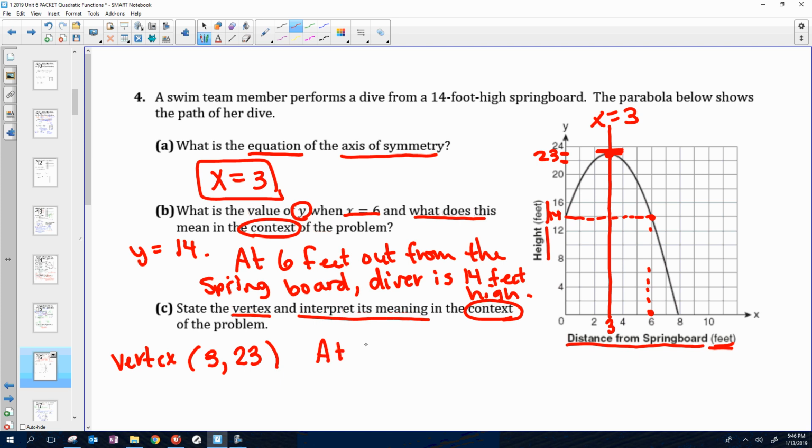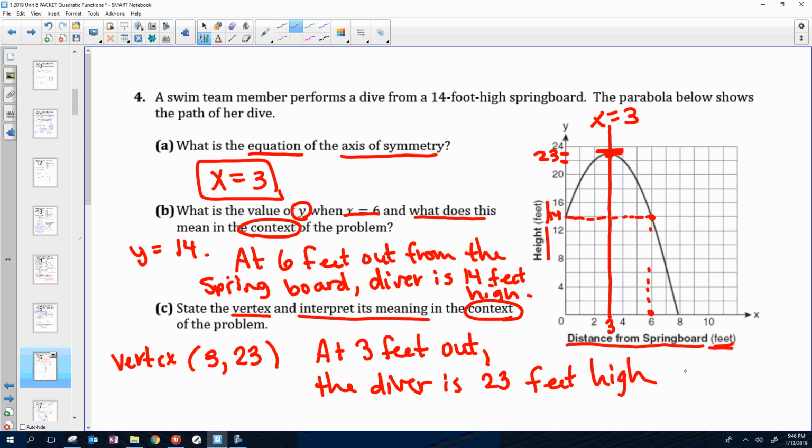At 3 feet out from the springboard, the diver is 23 feet high. And I always like to say this is his maximum height, or the maximum height.